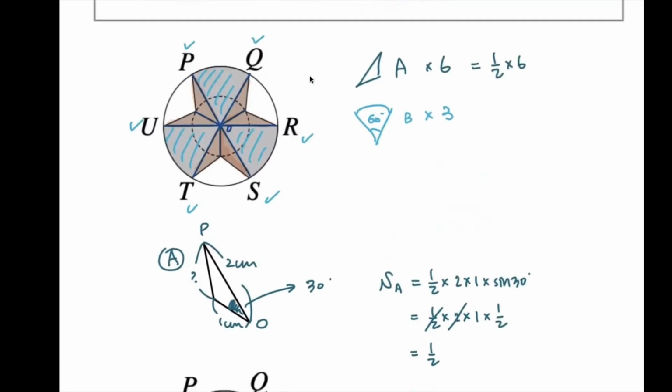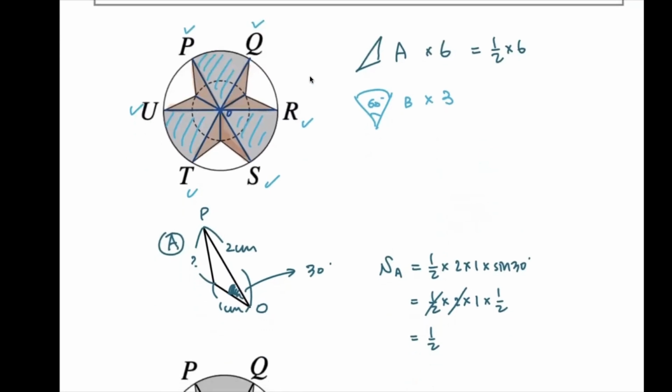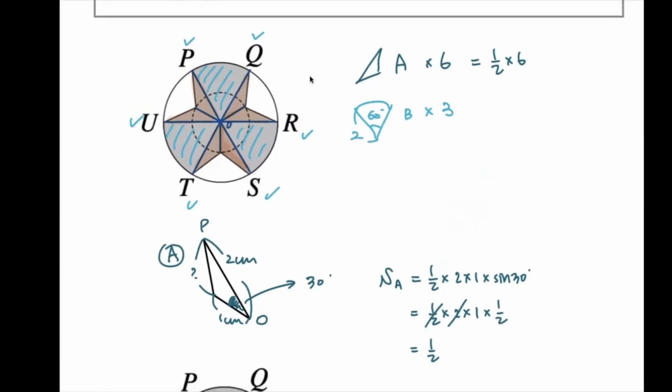Now we have to calculate B, and we already know this length is 2, because it's the big one. Make sure you don't forget to look at the diagram and check which radius it is. The area of a circle is pi r squared, pi times 2 squared.